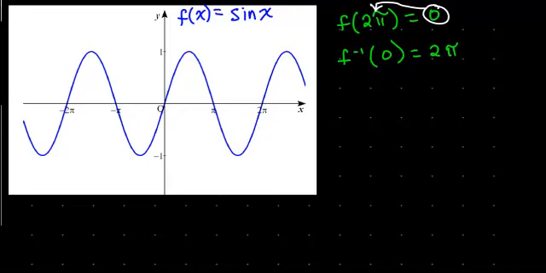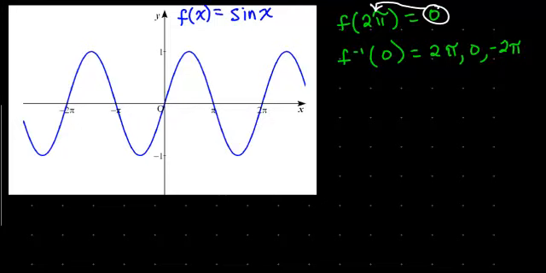And then I would say, well, why is f inverse of 0 not 0, or negative 2 pi, or 4 pi, for f of x equals sine of x?